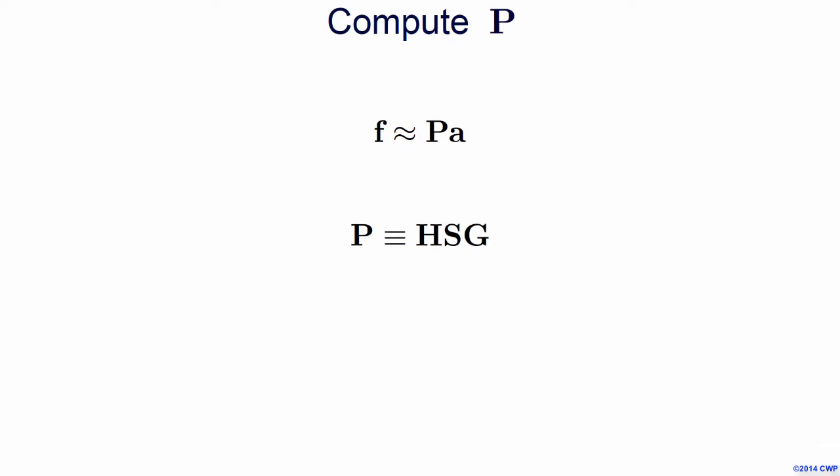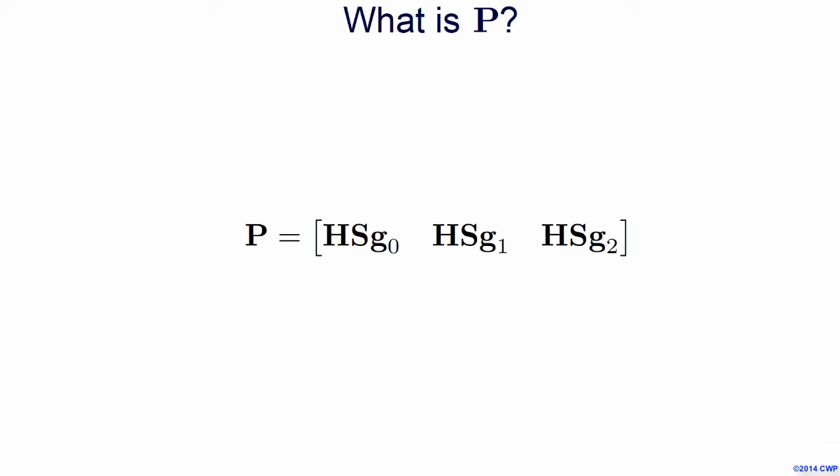Well, to know what P is, I want to remind you what the matrix G represents. The matrix G simply contains time-delayed versions of the PS image, which would mean that the matrix P is similar to our difference matrix D, where we're applying the squeezing operator multiple times to time-delayed versions of the PS image.